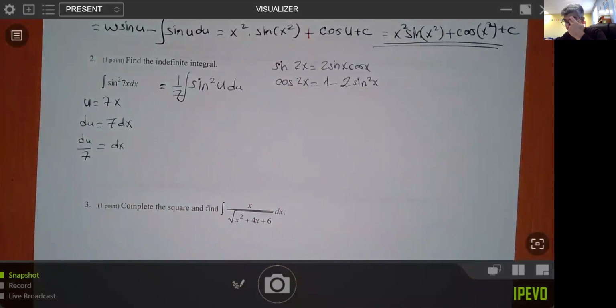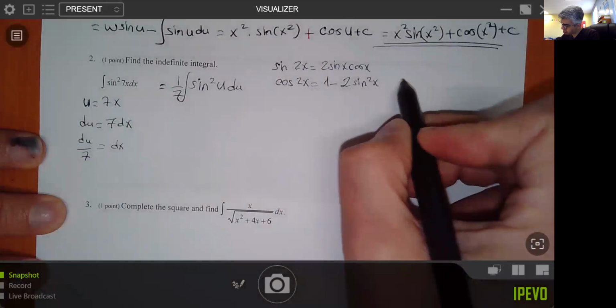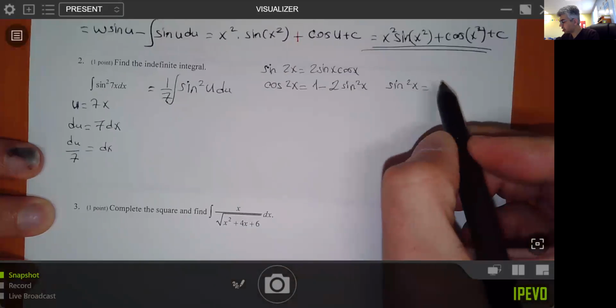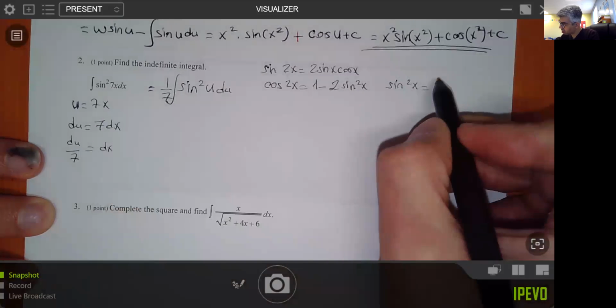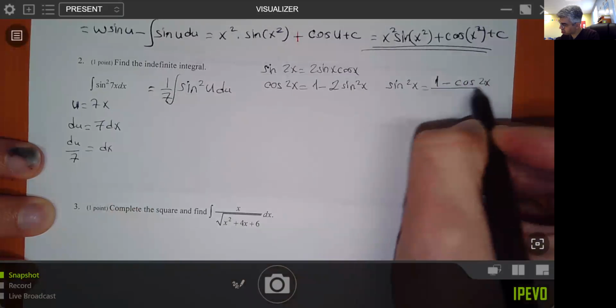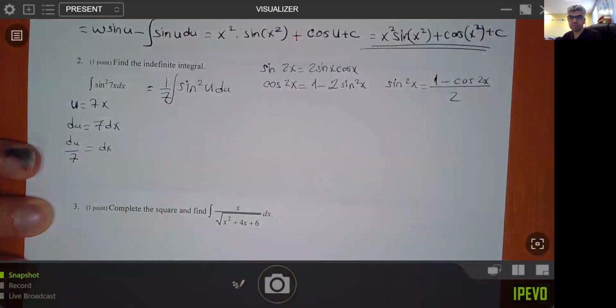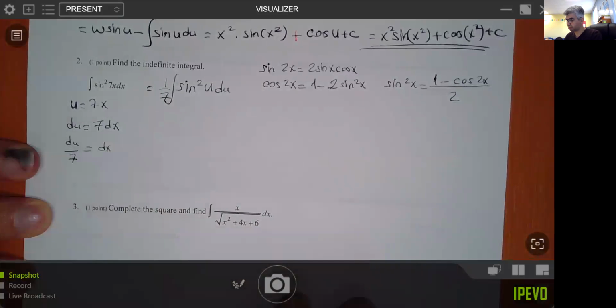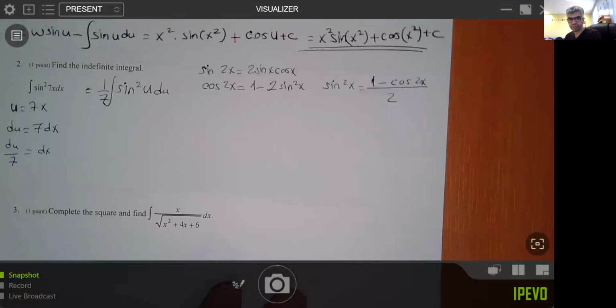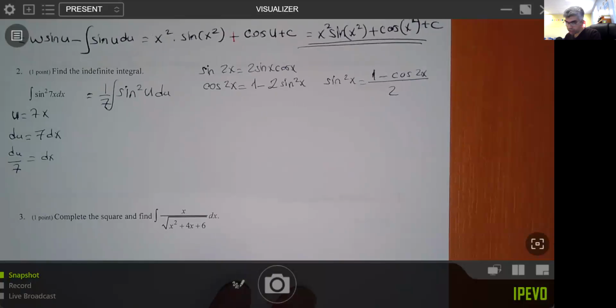So from here, what is sine squared x? That is 1 minus cosine 2x all over 2.